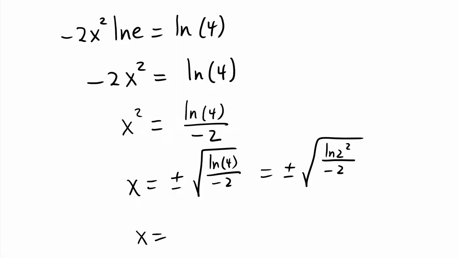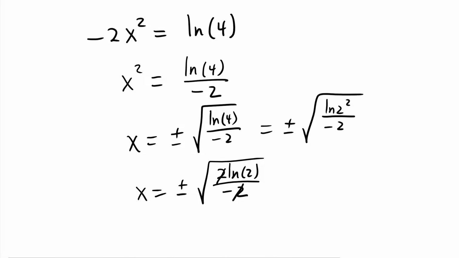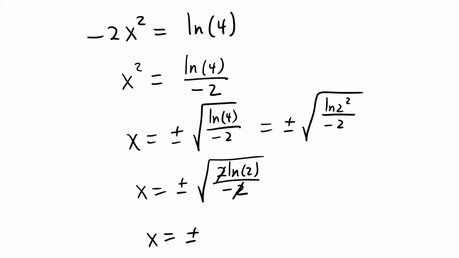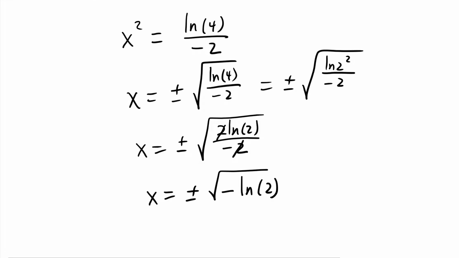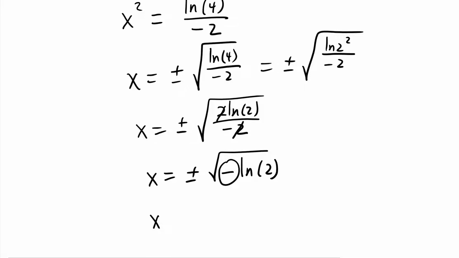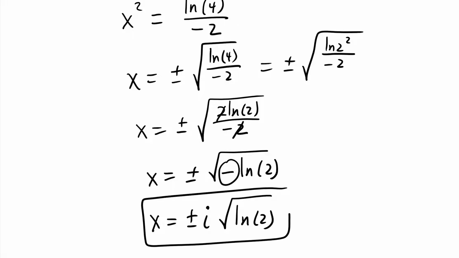And the 2 squared becomes 2 natural log of 2 over -2. The 2's cancel each other. So x equals plus or minus the square root of negative natural log of 2. This negative number, you can take outside as an i, if you remember from complex numbers. And natural log of 2 stays inside.